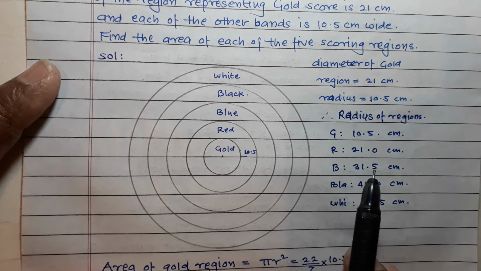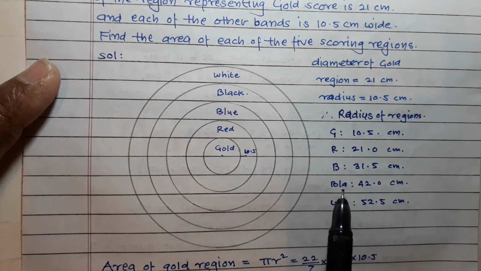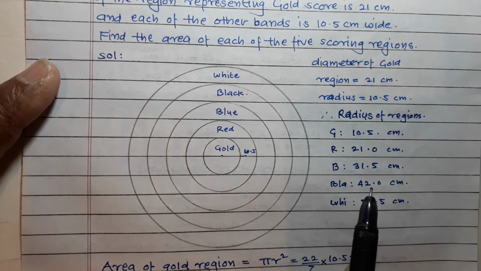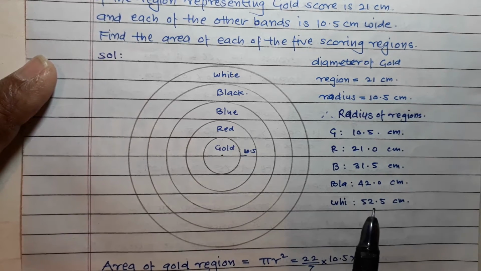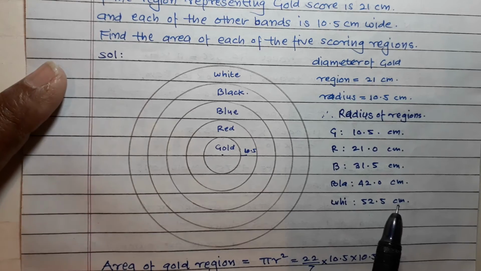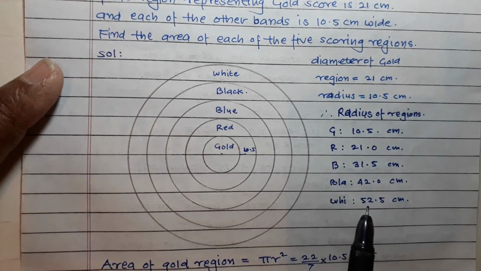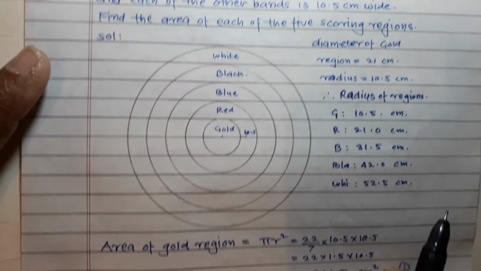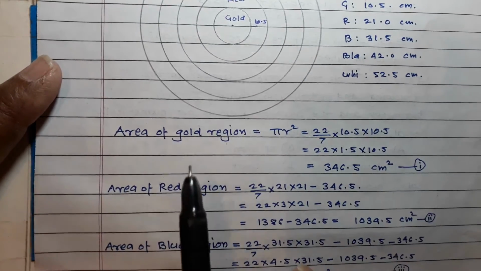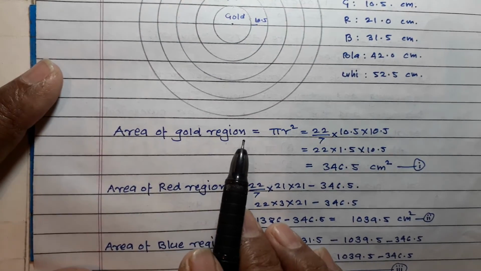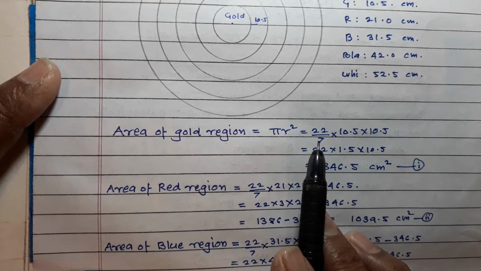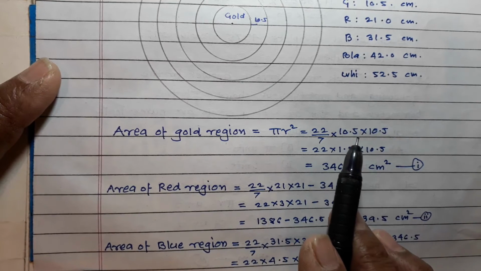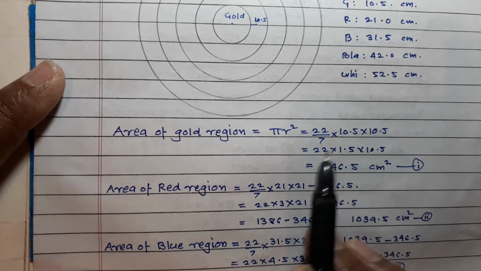Blue 31.5 centimeter, black 42.0 centimeter and white 52.5 centimeter. All these are radius of what region? Then area of gold region is equal to pi r square, 22 upon 7 into 10.5 into 10.5.